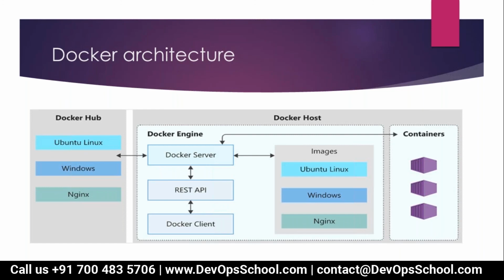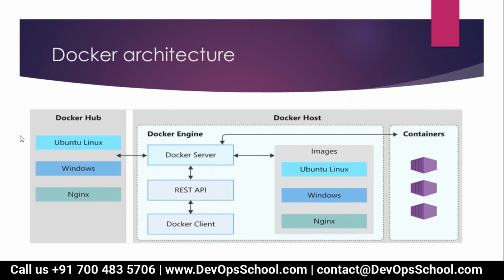Correct. If it is 3 or 4 containers, a group of containers is called a pod. That comes in Kubernetes. Don't go into Kubernetes now.